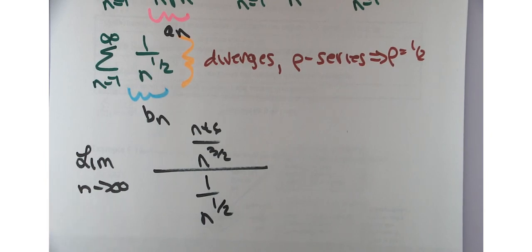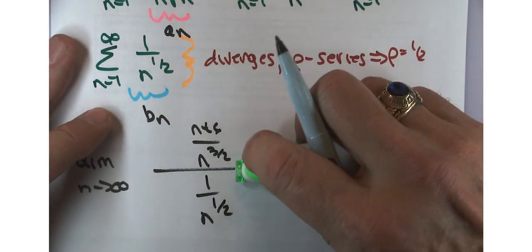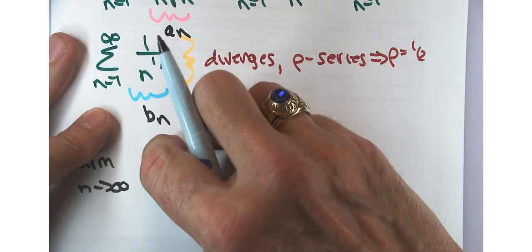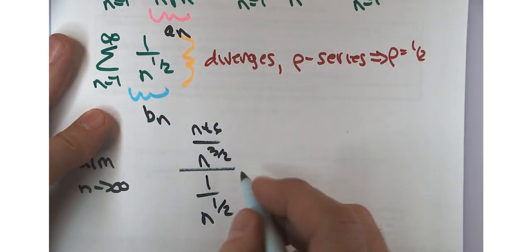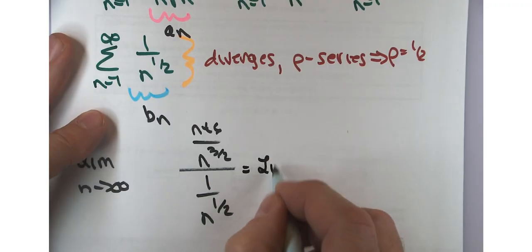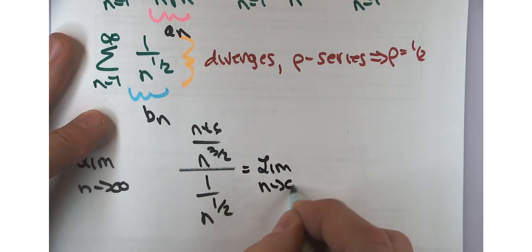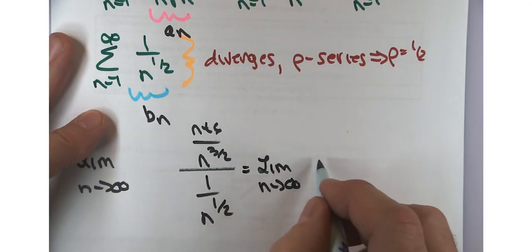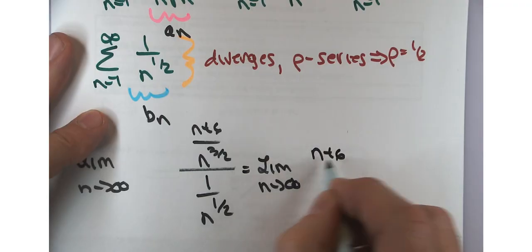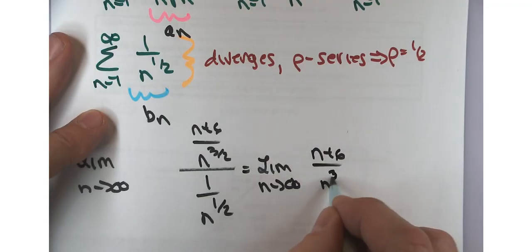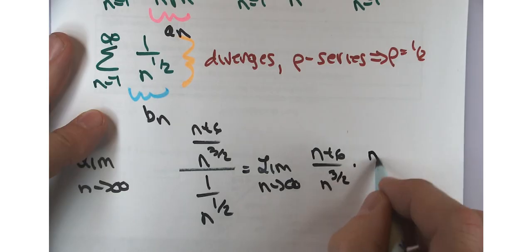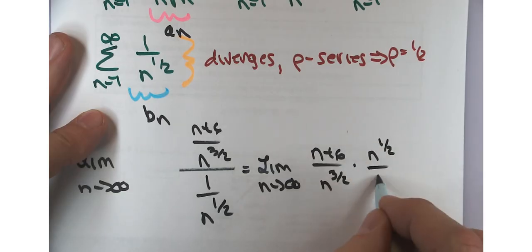We'll play our same game that we did before, and that is invert and multiply. So that's going to equal the limit as n approaches infinity of n plus 6 over n to the 3 halves times n to the 1/2 over 1.